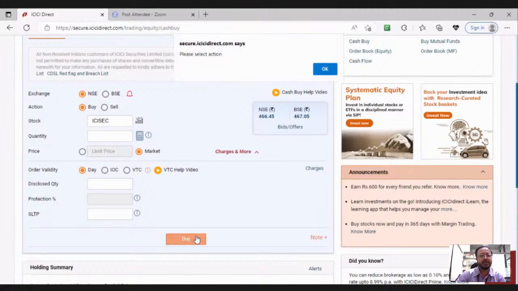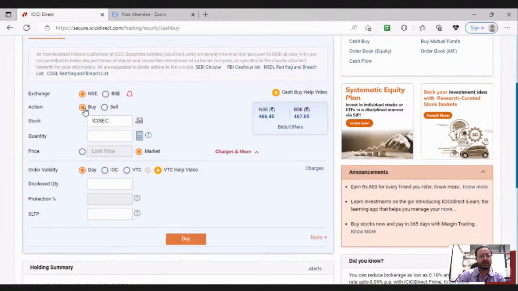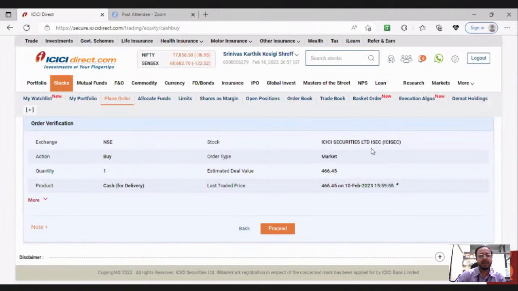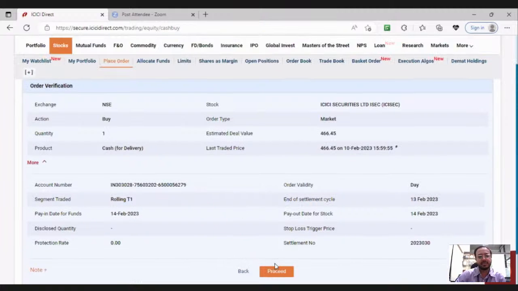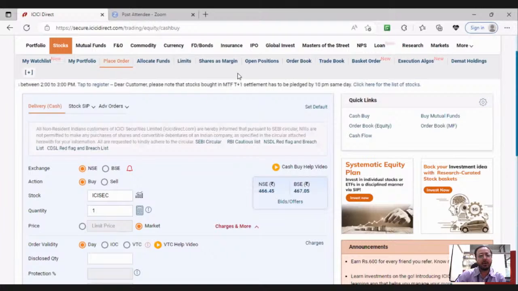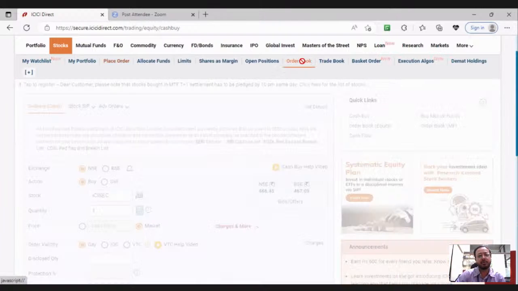So if I proceed to buy, oh, quantity field is empty. Okay, one stock I want to buy of ICICI Securities. I buy. Here I can confirm the order details, and then I can proceed to place the order, right? Once I do that, the order that has been sent to the exchange will be reflected in the order book over here.